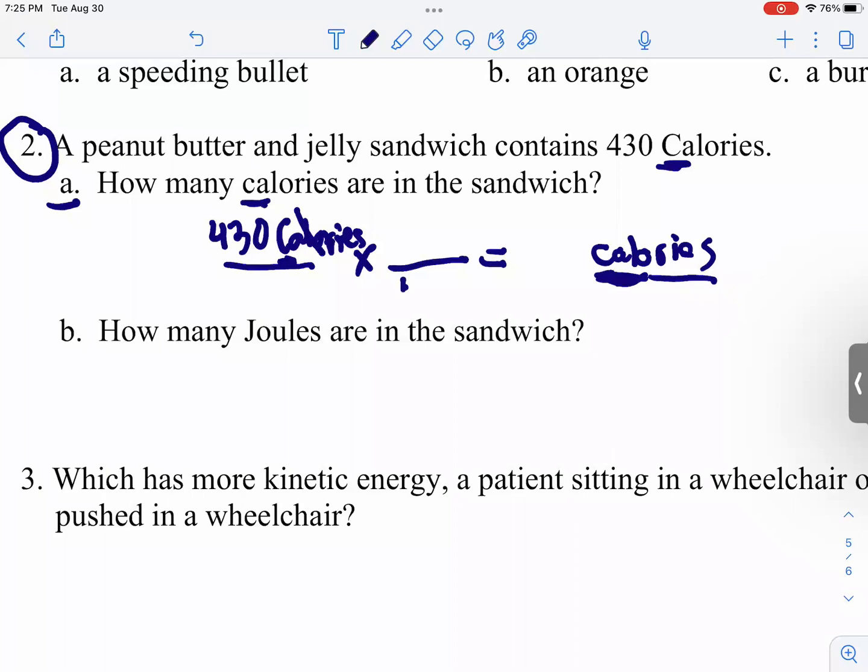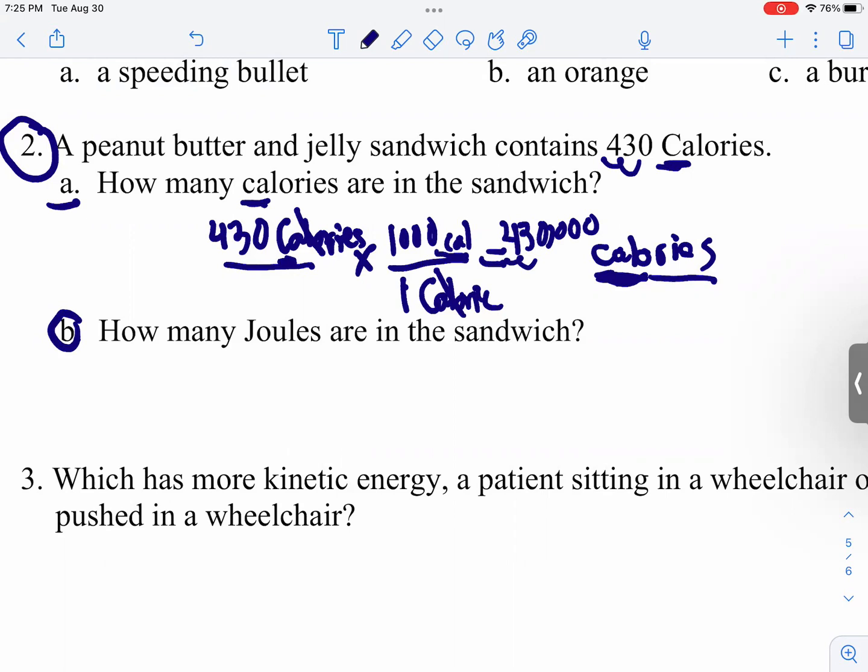So in one uppercase calorie, it's going to cancel out. You have 1,000 lowercase calories. Now you can multiply across and you've got your unit calories, and that gives you 430,000. All right, and are my significant figures right? 2, 2. That's correct.